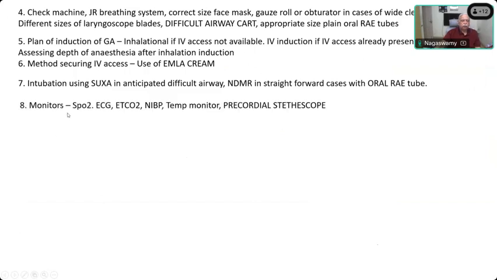And monitors to be used are SpO2, ECG, EtCO2, NIBP, temperature monitor, and precordial stethoscope. Where do you place the precordial stethoscope? Over the apex beat. Over the apex. So, is there any better location?